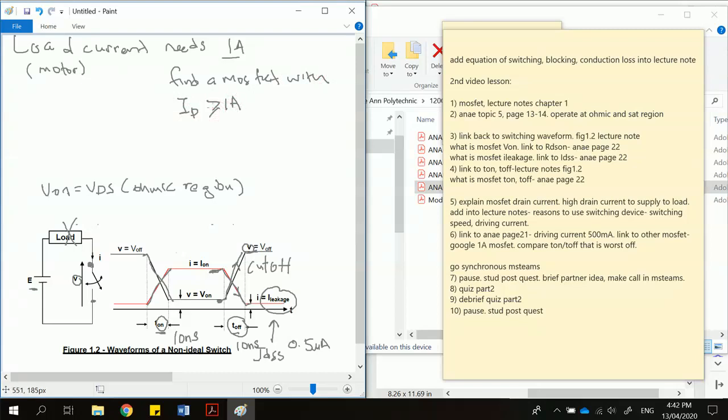Because this MOSFET is a switch, it has to be able to take this 1 amp that the load needs. So that's how it works.